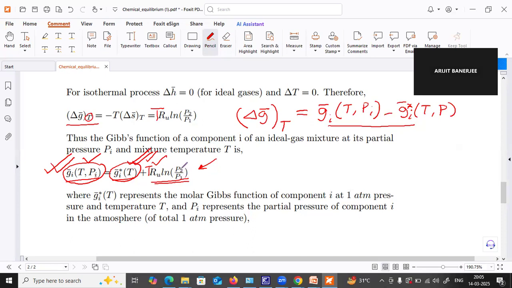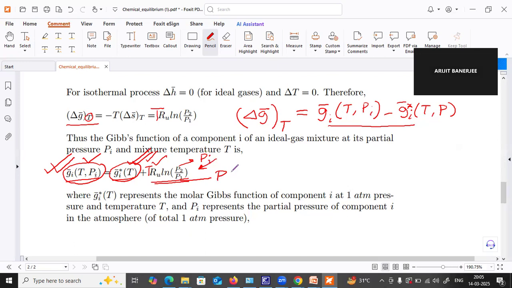P2 by P1 is what needs to be calculated. Here it will be the partial pressure P_i, and P1 is the total pressure that you have to understand. So in this relation, P2 is the partial pressure, P1 is the total pressure. Partial pressure may not be known a priori, so you cannot tabulate data at partial pressure.